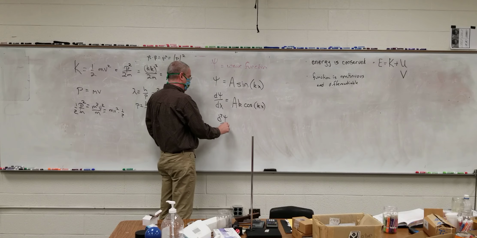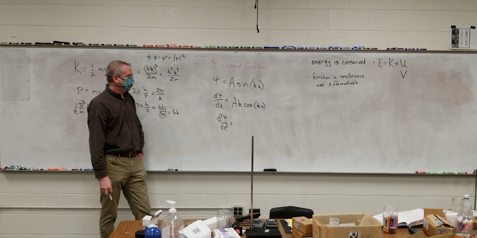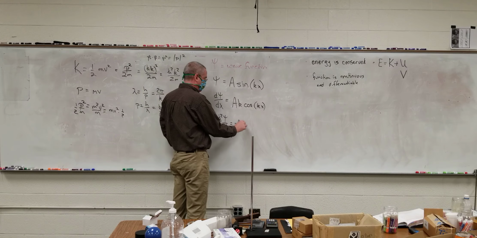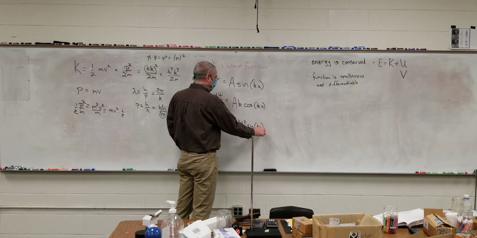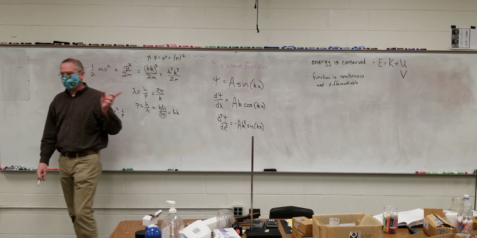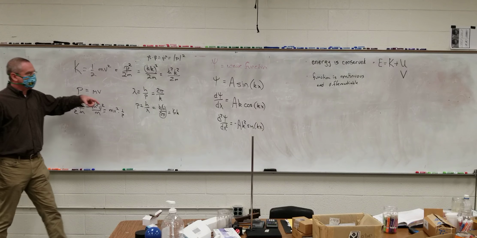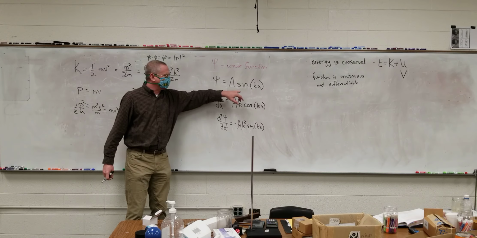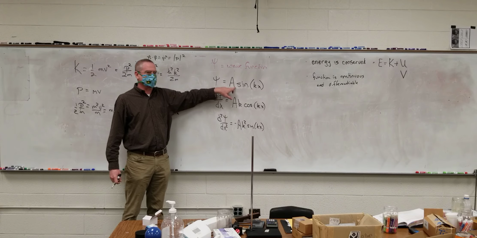And if I do it again, negative A k squared times sine of kx. We did this before when we were talking about harmonic motion. It's a similar pattern where you just multiply, bring this thing out.